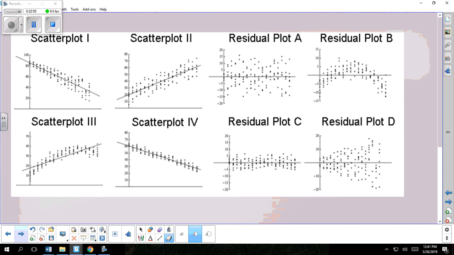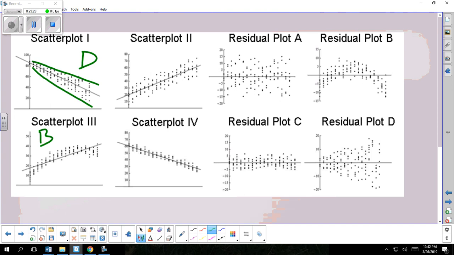No, so this would match up with residual plot B. Notice, this is what we call fanning. It means the standard deviation is changing along our regression line. So our regression line becomes less accurate, in this case, for larger values of our explanatory variable.